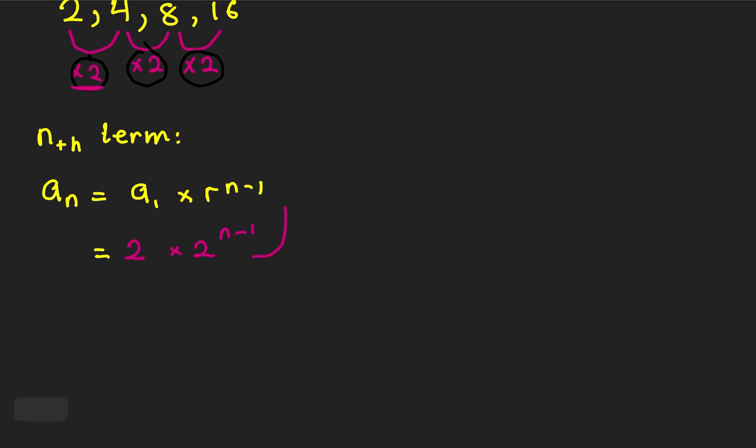Now let's test this formula we have. It's pretty easy. To test the value, we just have to replace n with the proposed value that we have. So let's get the third term. What we do here is simply replace n with 3, and subtract 1 as per the formula.